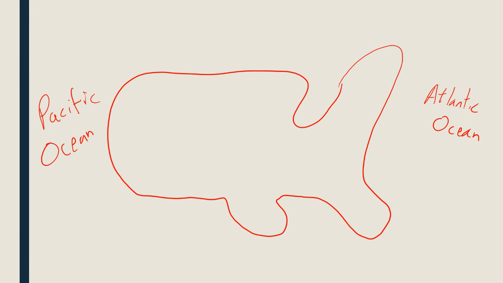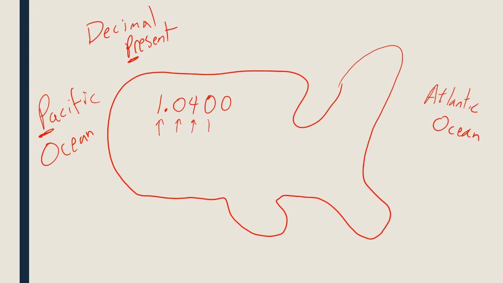So if there is a number, let's say 1.0400, okay, if there is a decimal present, then you start at the Pacific side, you start counting at the first non-zero number, and you keep going. So this would have 1, 2, 3, 4, 5 significant figures. Okay, because there is a decimal present and we came from the Pacific side.